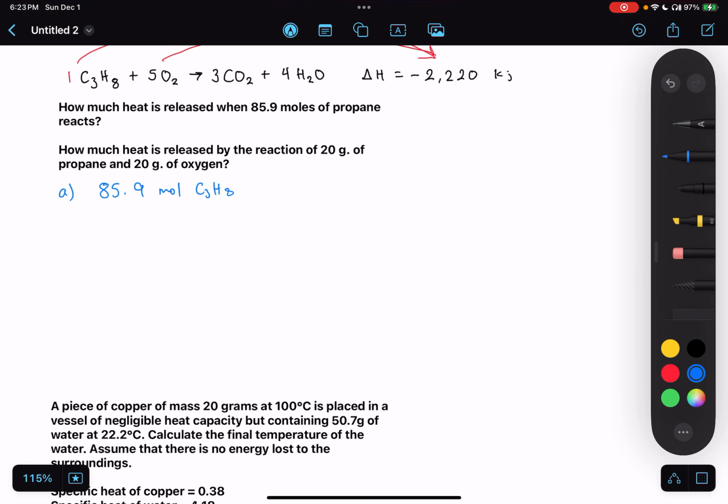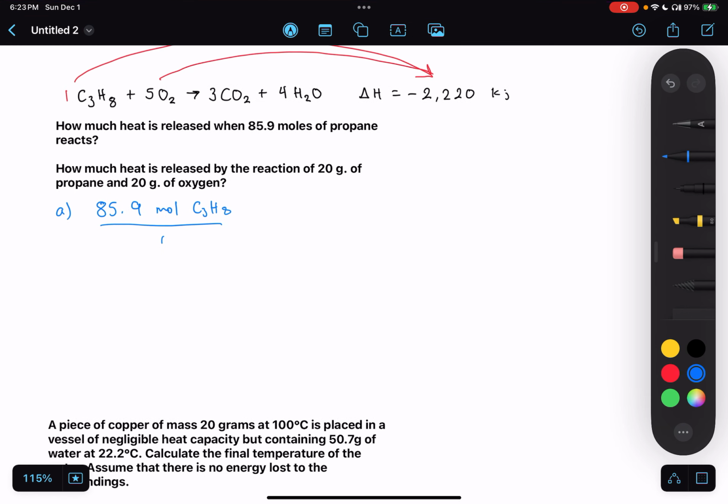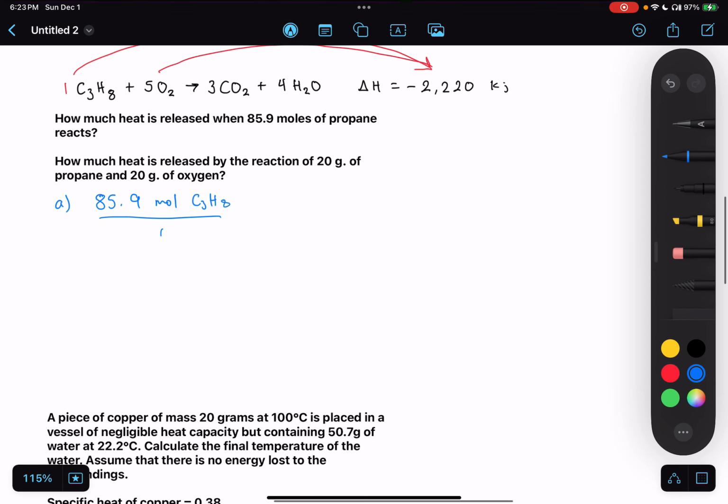Then that means that we can use that ratio of negative 2,220 kilojoules per 1 mole to solve how much heat we would release if we had 85.9 moles.